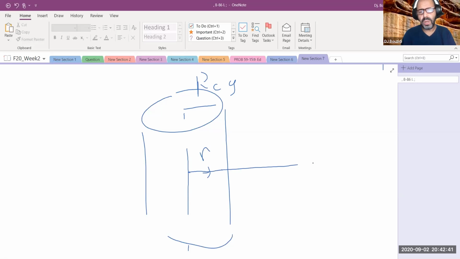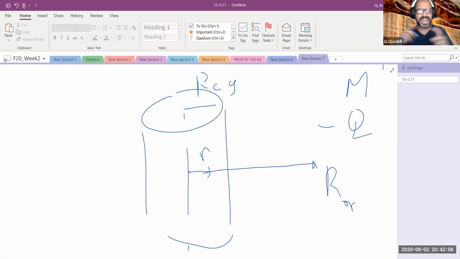At some point in here, called R orbit, we have a negative charge of negative q, and of mass m, okay? So that's what was given to us. And it's spinning, okay? It's going around in a circular path around this thing. Because if it doesn't spin, this is a positive charge, and this negative charge is going to smash into it. But it has to move fast to stay in orbit.